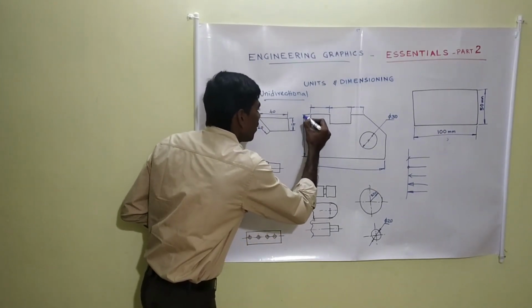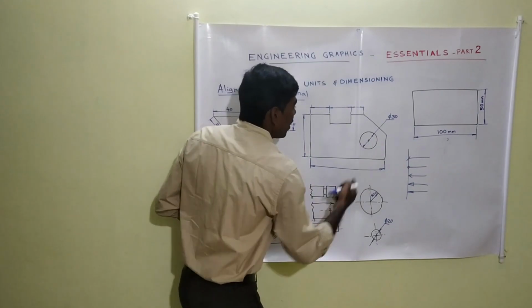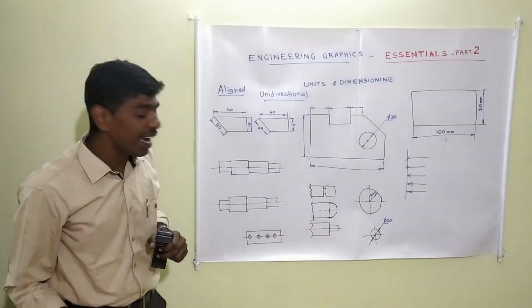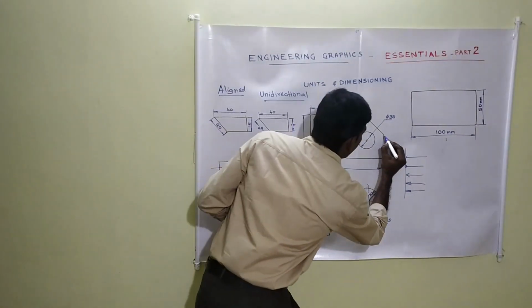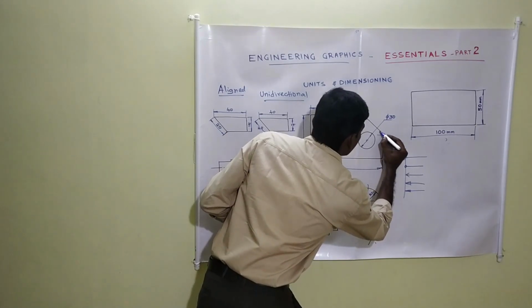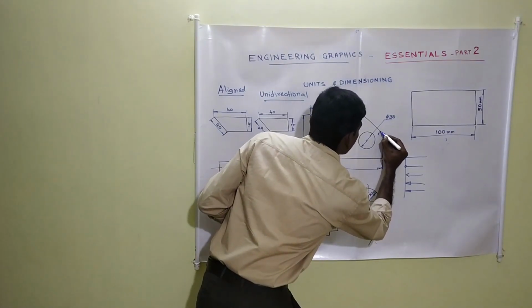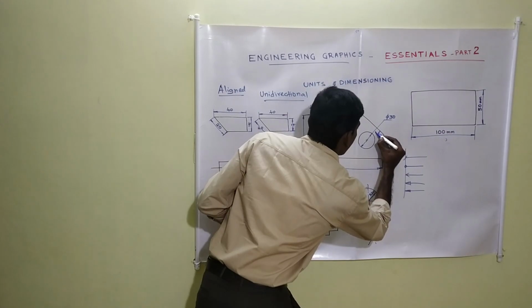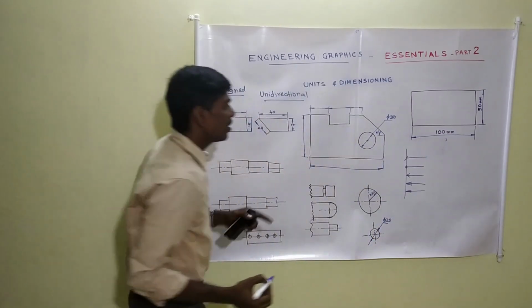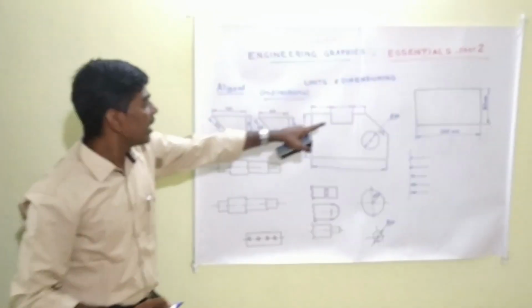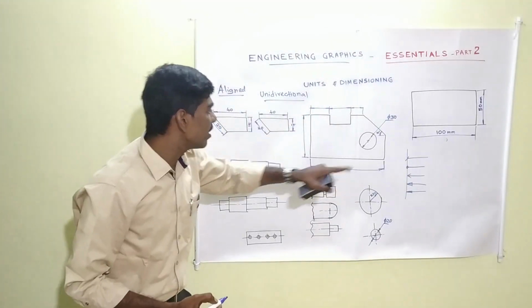We can give the values here. Then again, for indication of angle, we can give it like this. And it can be marked like this. So let it be 45 degree. So the angle should be marked. The remaining values should be given here.